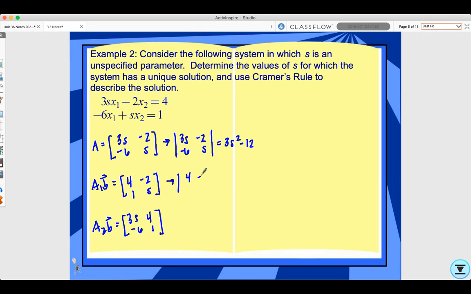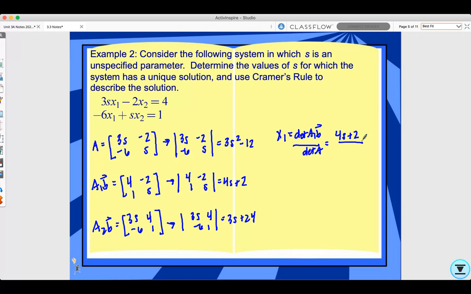The determinant of the next one would be 4s plus 2. And then the determinant of the last one would be 3s plus 24. So x1 would be the determinant of A1(b) over the determinant of A, so it would be 4s plus 2 over 3s squared minus 12.